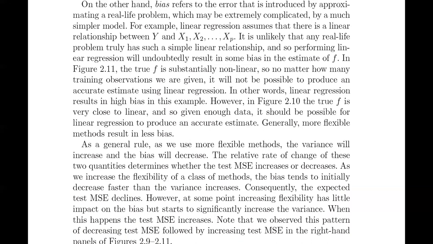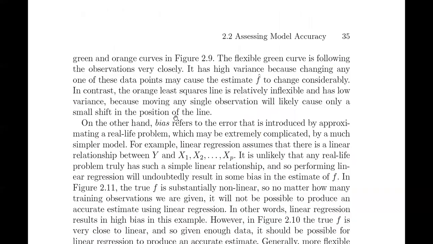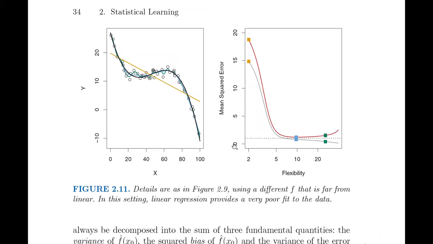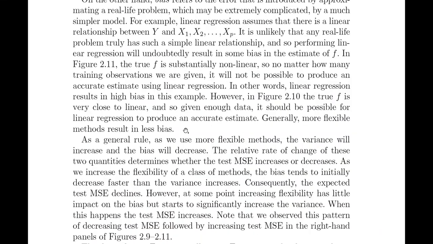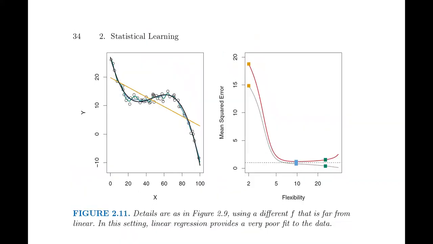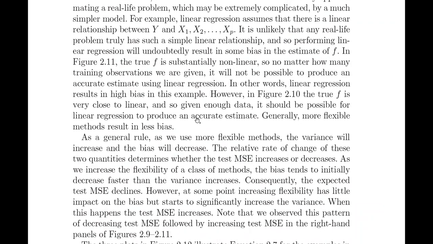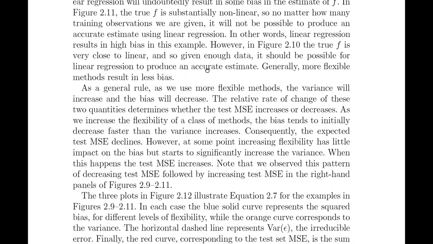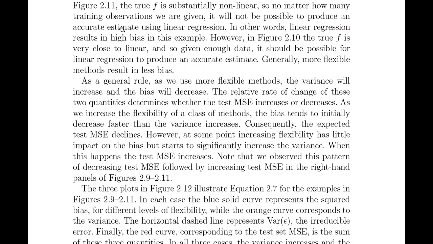In figure 2.1, the true f, the black one, is substantially non-linear. So no matter how many training observations we are given, it will not be possible to produce an accurate estimate using linear regression.